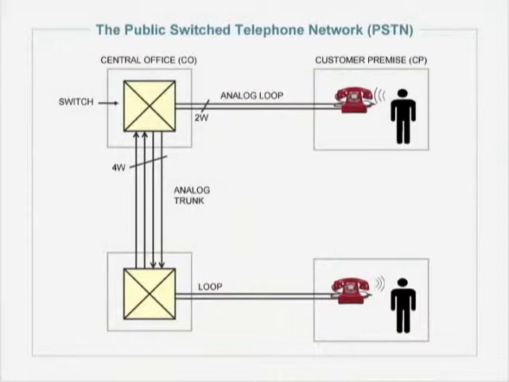Trunks are 4 wires, where you use 2 wires in each direction. If you use twice as many wires, you get slightly better sound quality. And presumably, since these are shared and there aren't as many of them, we could spend more money on them and use more wires. But other than that, analog loops and analog trunks are the same thing. We put a voltage on them, which is an analog of the sound pressure waves.